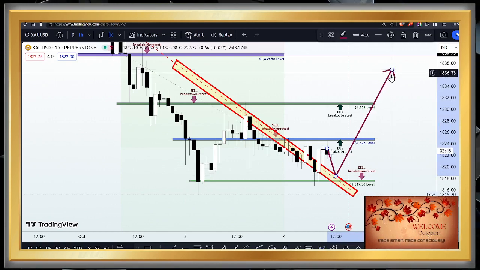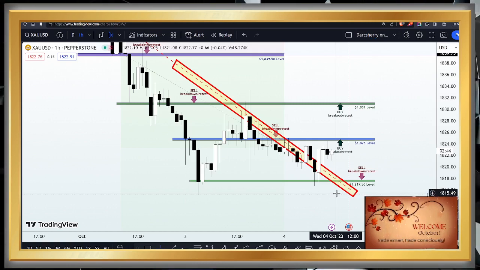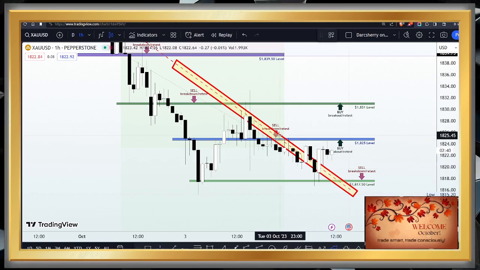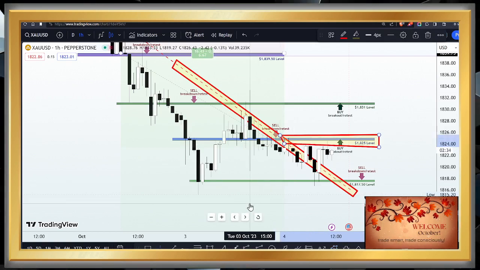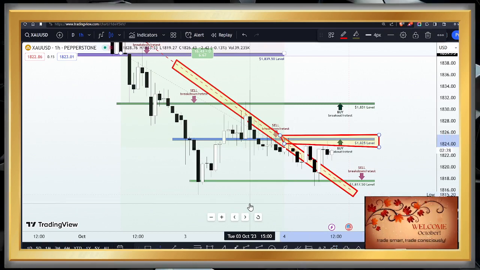However, if price does not come to retest the structure and instead it continues to find higher highs and higher lows, then a breakout of the 1,825 level will be welcoming buying opportunities. So that is where I will be positioning myself here to capitalize on the uptrend move if price does not come to retest the trend line.